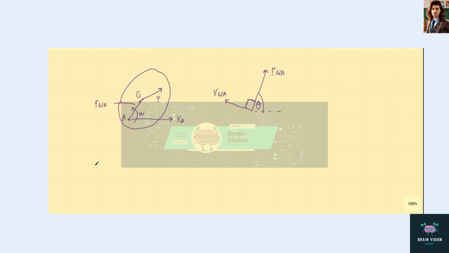So here we have a diagram of our rigid body. Let's assume that the angular velocity omega is equal to the magnitude omega, and the angular velocity is about the k-axis. So this is completely arbitrary.